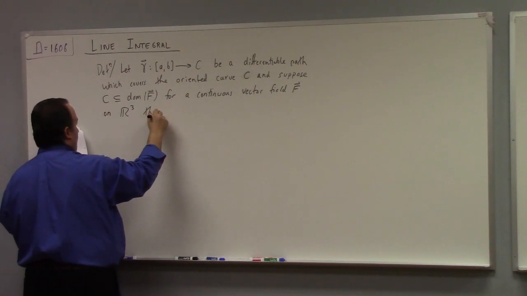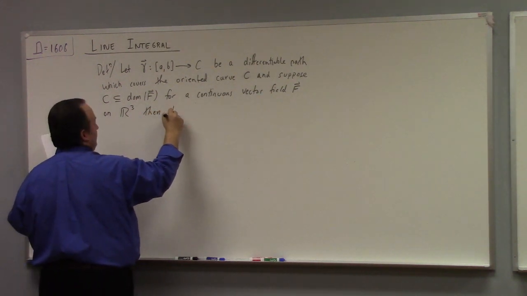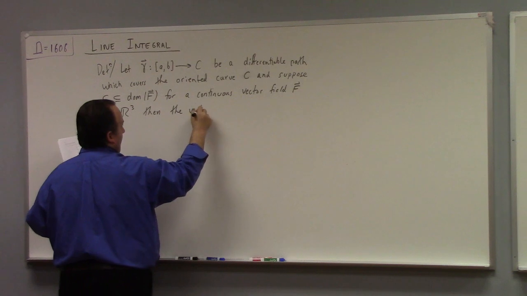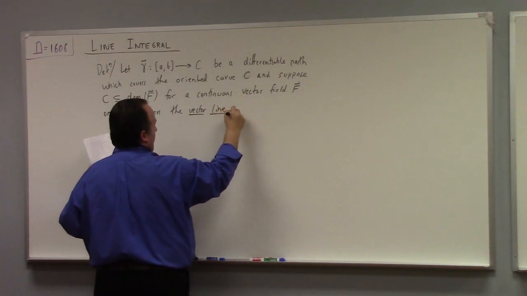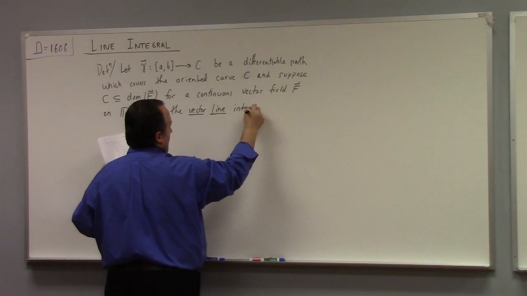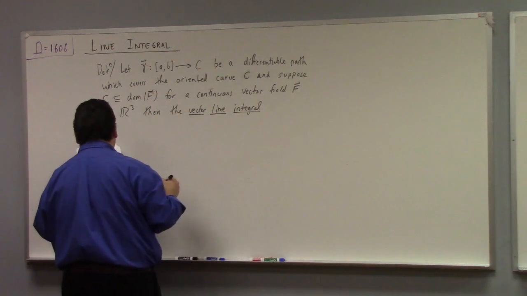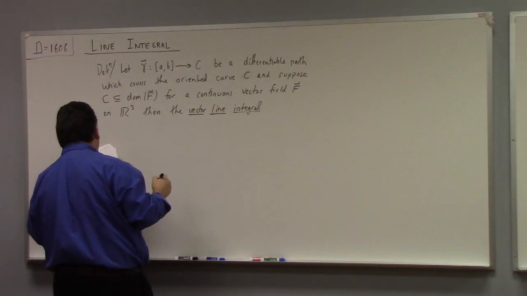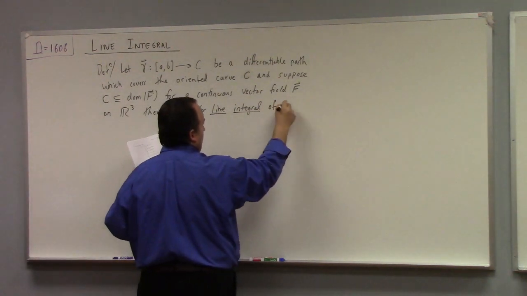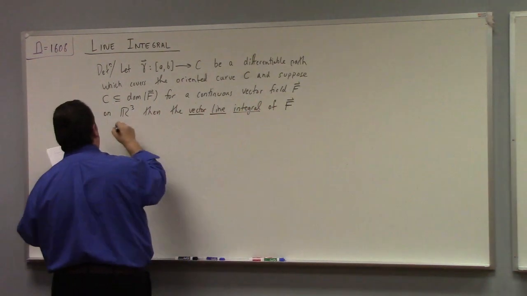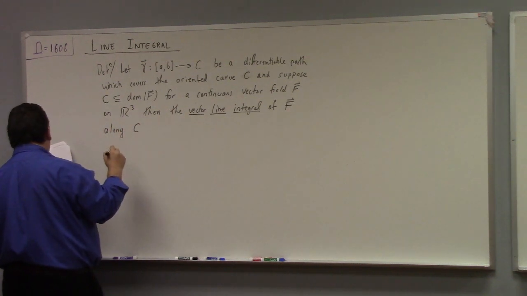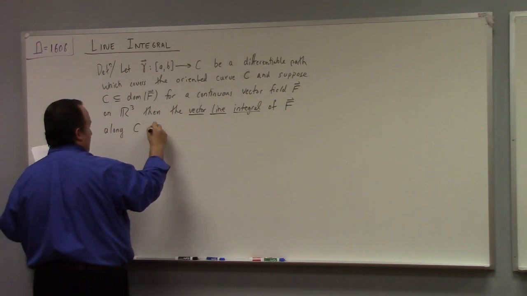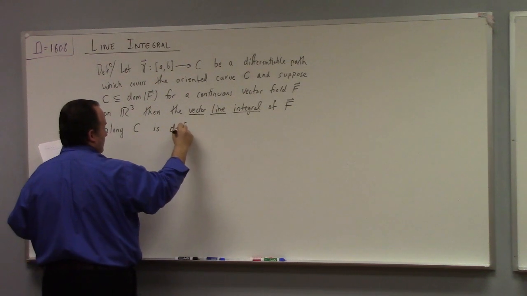Then the vector line integral, or as I'll often just call it, the line integral of F along C, is denoted and defined as follows.